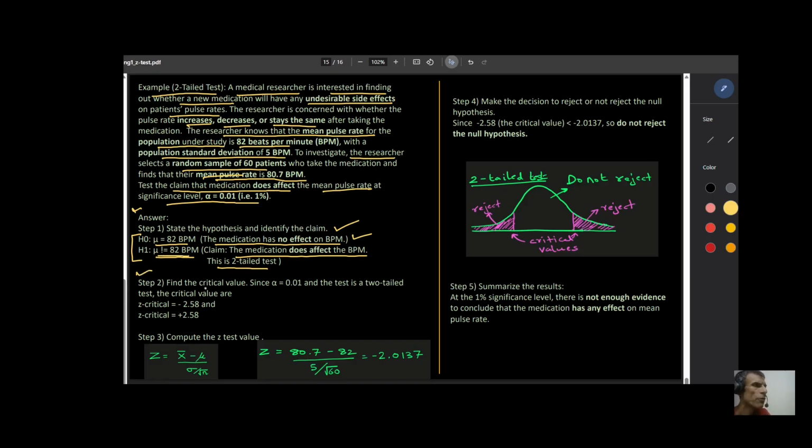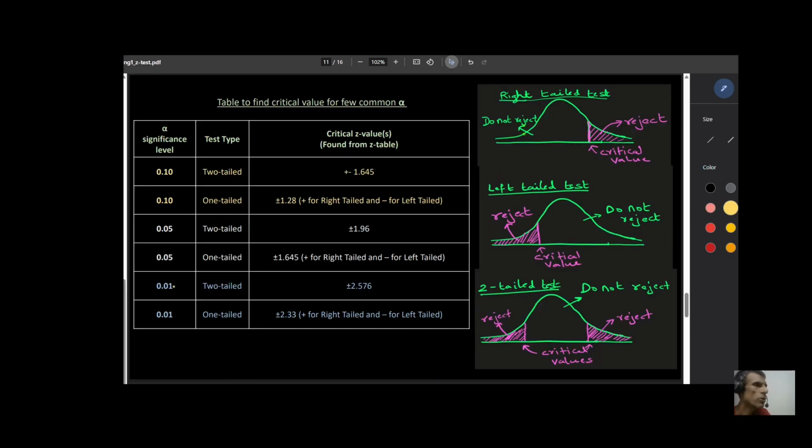Step two, you find your critical value. I know my alpha is 0.01, and I know that the test is a two-tailed test. Going back to this table, looking at alpha equal to 0.01 and a two-tailed test, my critical values are going to be plus or minus 2.576.